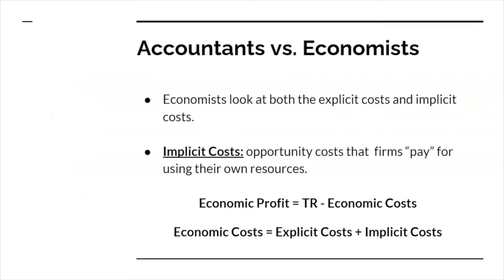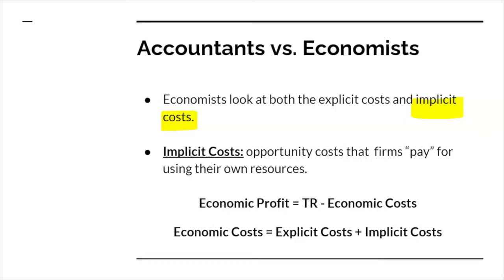Well, for us, we don't necessarily care about our accounting profit, because it doesn't take into account our implicit costs. So when economists look at profit, we take into account both the explicit costs and the implicit costs. What implicit costs are is just the opportunity cost of doing business, and that's what you see on the definition here.